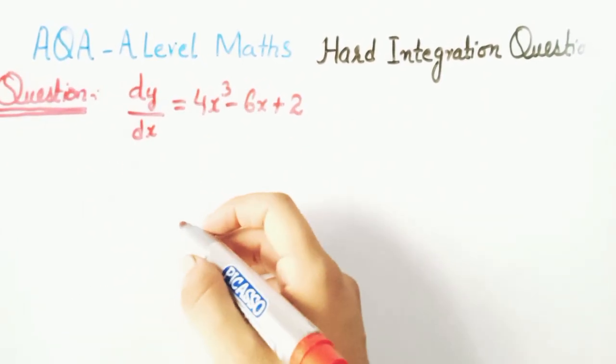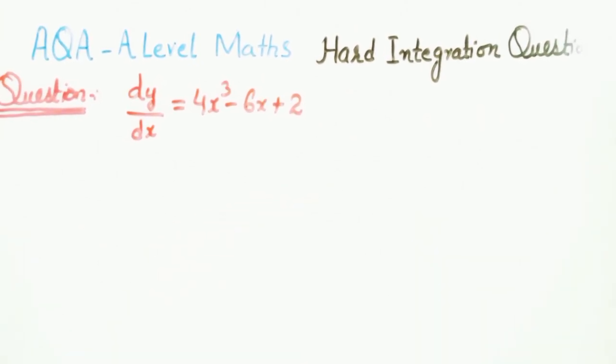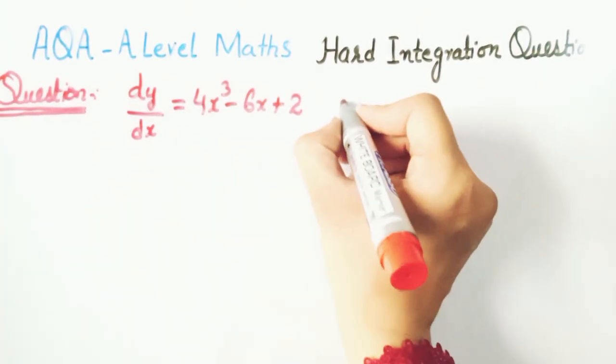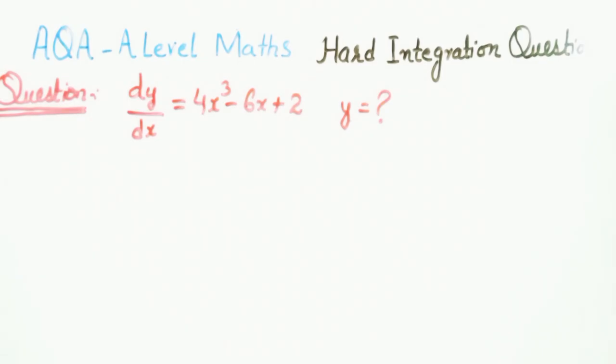Now we will solve another question, that is dy/dx = 4x³ − 6x + 2, and you have to find the value of y. For this purpose, we will integrate this.